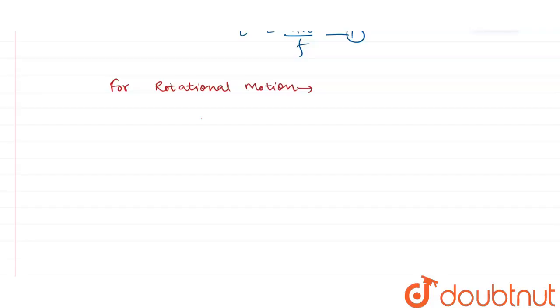So the equation can be written as omega equals omega naught plus alpha t. Omega is the final angular velocity, omega naught is the initial angular velocity, alpha is the angular acceleration, and t is the time. Now we know that torque is I alpha, so alpha is torque upon I.